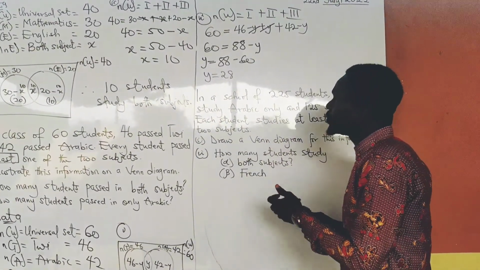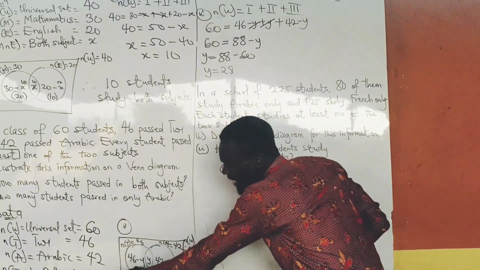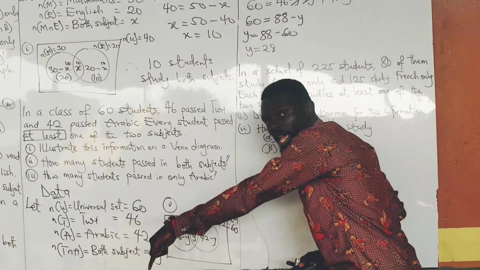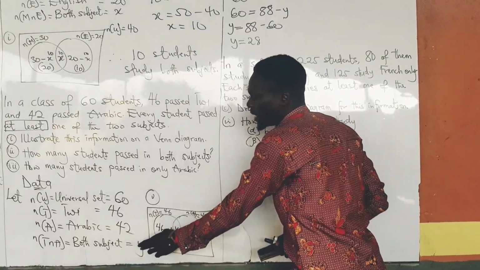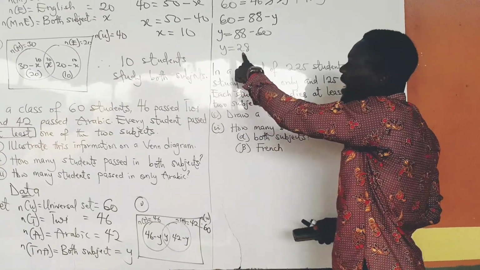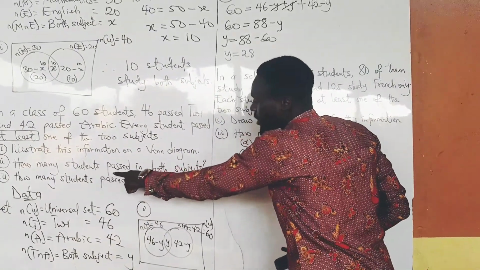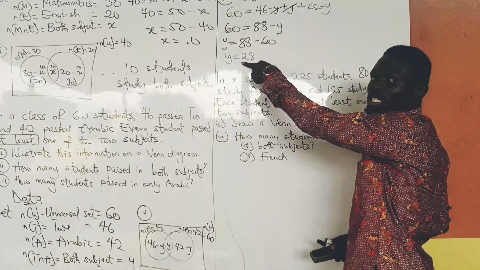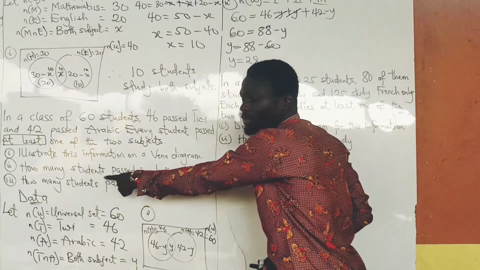And this 28, which is the Y, we stated here that let the number of T intersection A, which is both subjects, be Y. So now we can say clearly that, therefore, 28 students passed both subjects. And that's the answer for the number II.